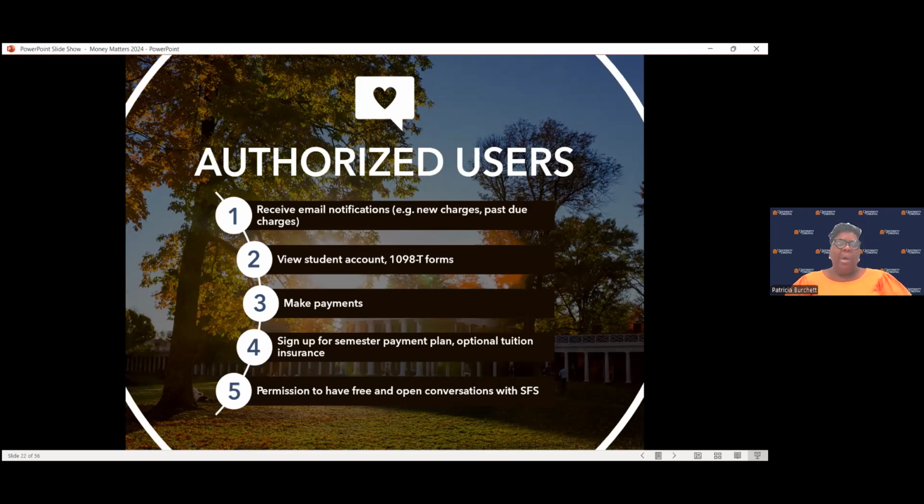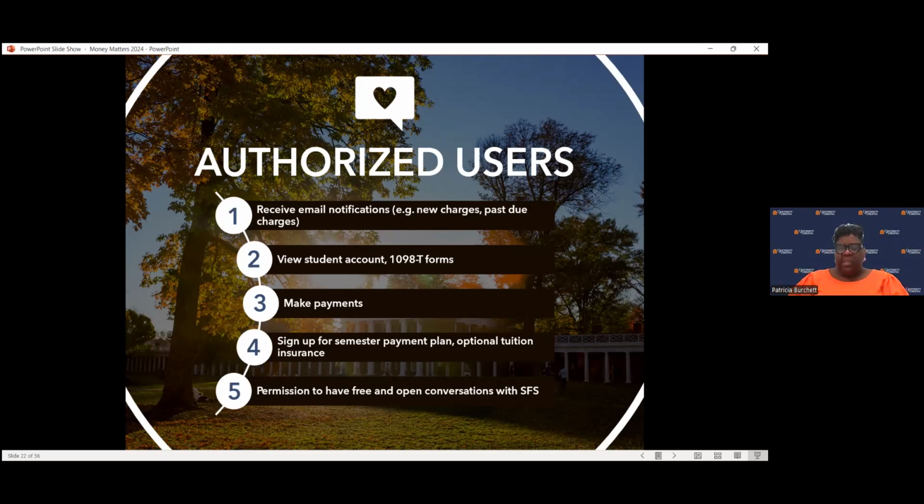Once you are an authorized user, you're able to receive the same information that the student will receive concerning any new charges through email notifications. You'll be able to go in there and view the student account history, payments or credits. You'll be able to, of course, make payments, and you'll be able to sign up for any payment plans. And I will talk to you about semester payment plans in a little bit.